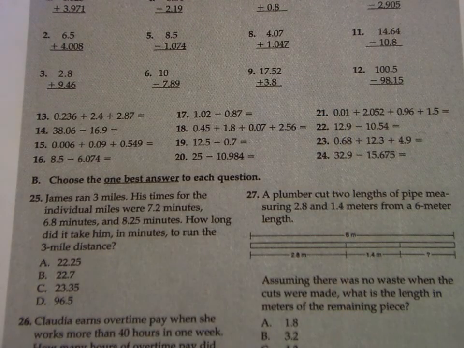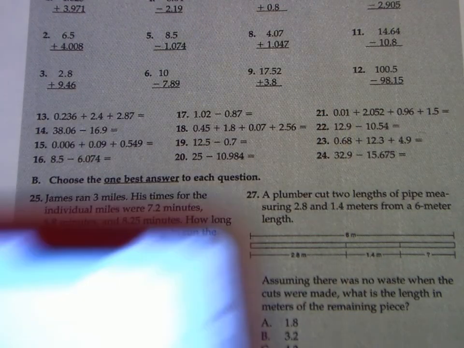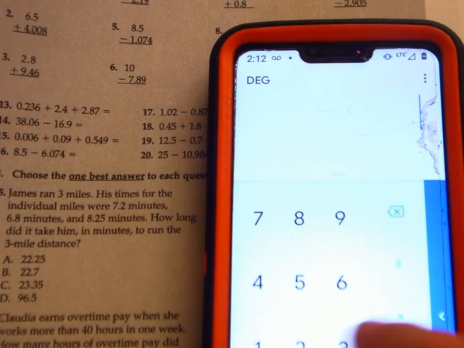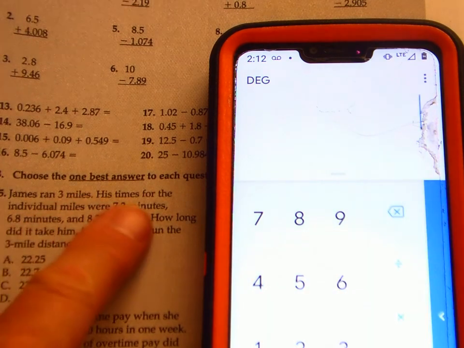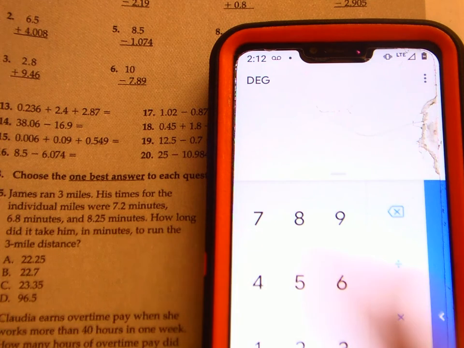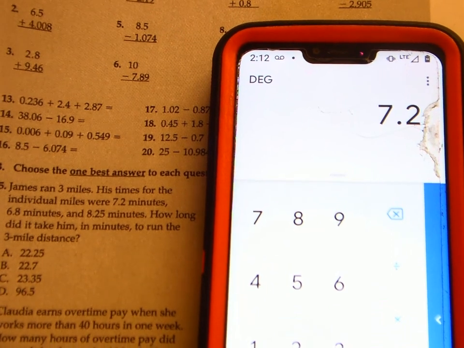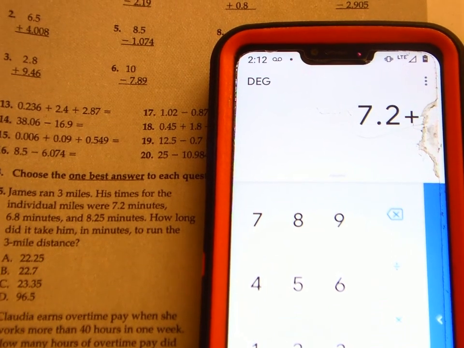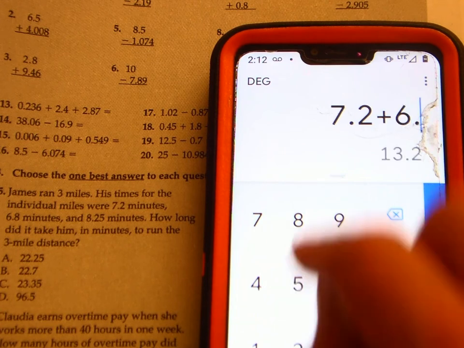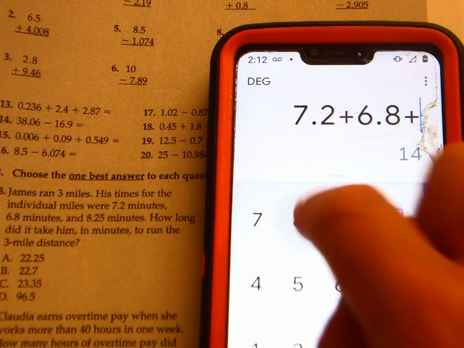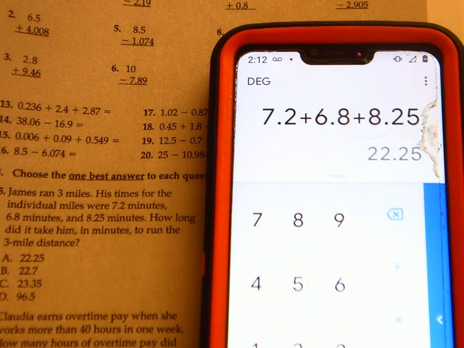Let me clear my thing again. Clear. So I'm going to add 3. Well, not 3. That's how many miles he went. Whoops. Okay, we want to do the times. 7.2 minutes plus 6.8 plus 8.25.